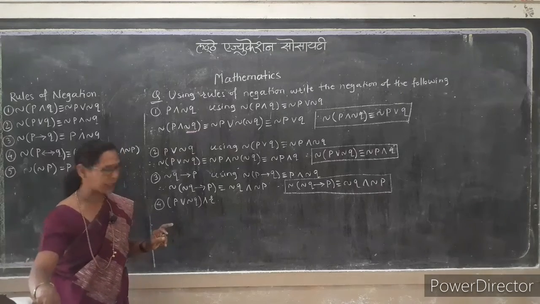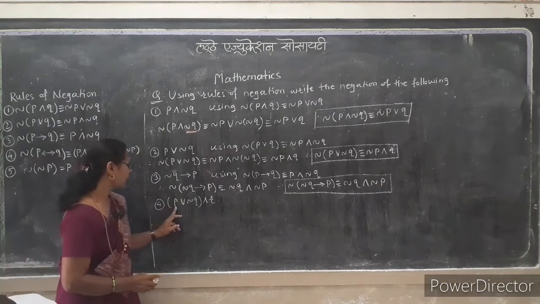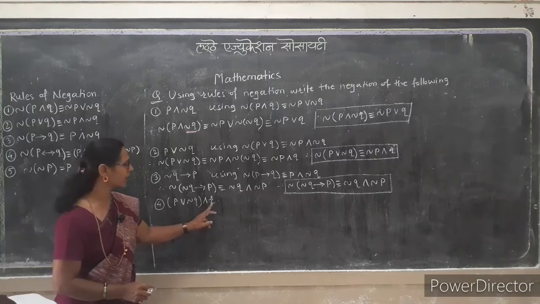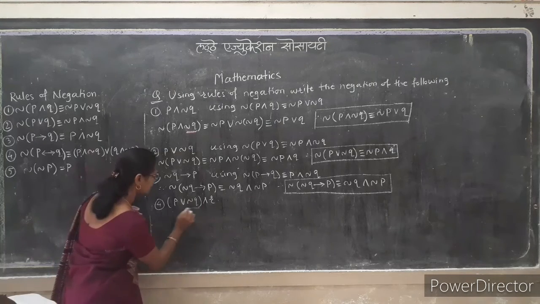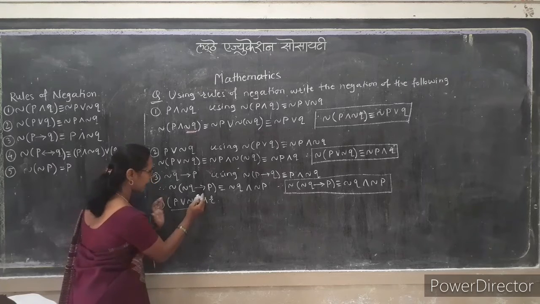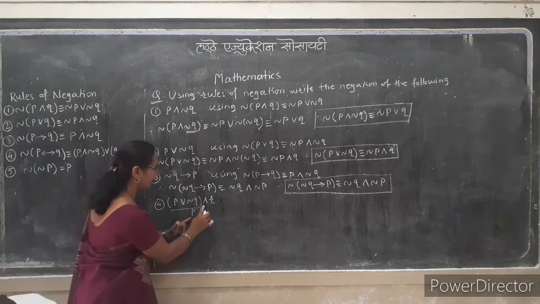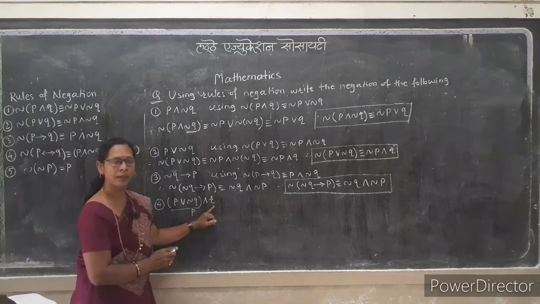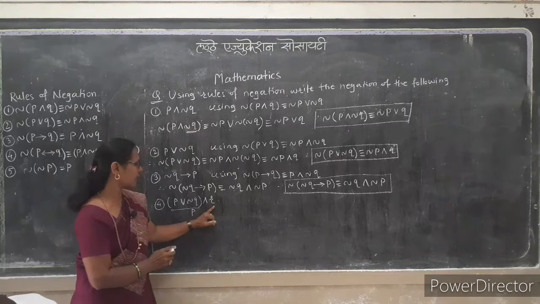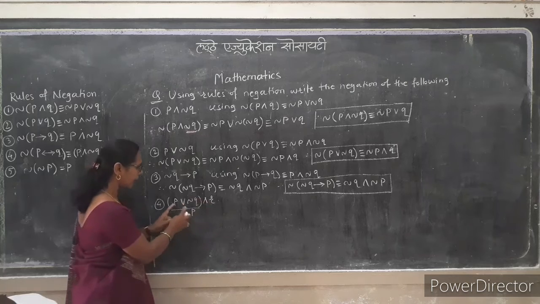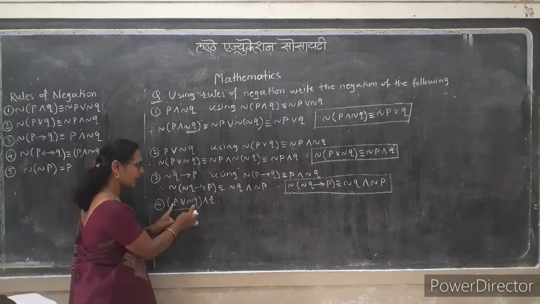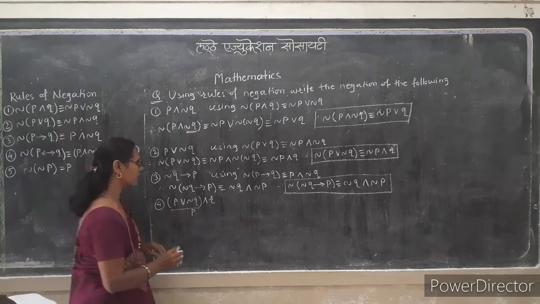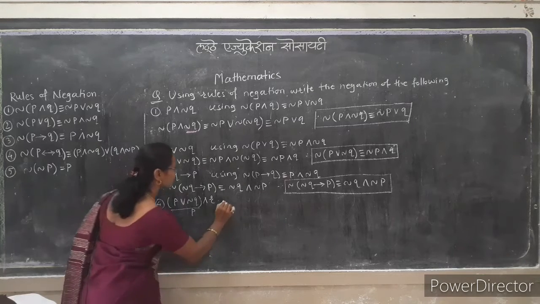Now the next example is ¬[(P ∨ ¬Q) ∧ R]. Here the bracket is P ∨ ¬Q, and the whole is a conjunction with R. Therefore we use the result, the negation of P ∧ Q, and in the bracket P ∨ ¬Q, we use the negation of conjunction as well as the negation of disjunction.